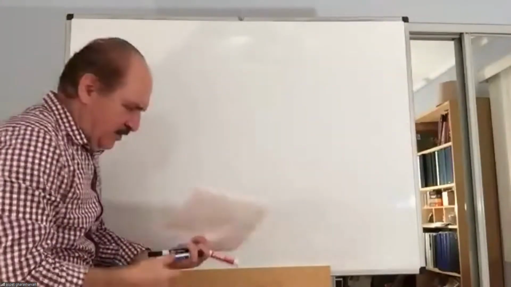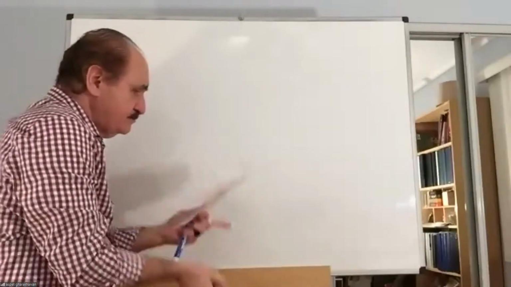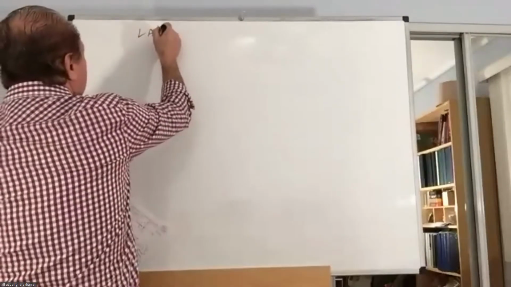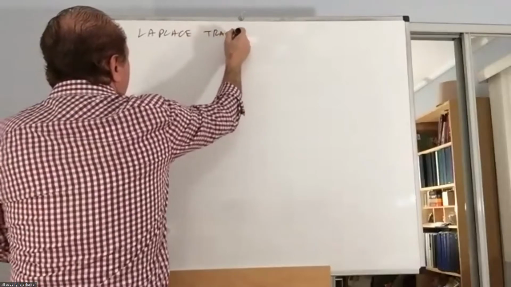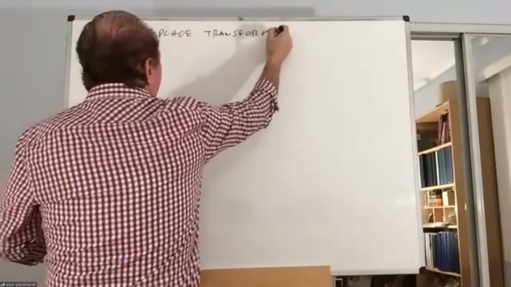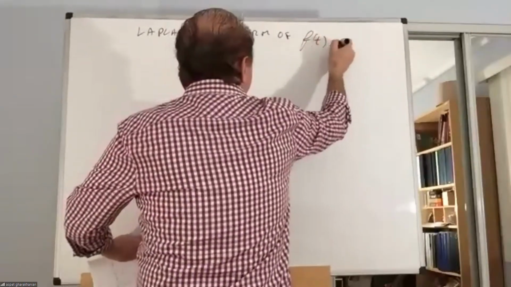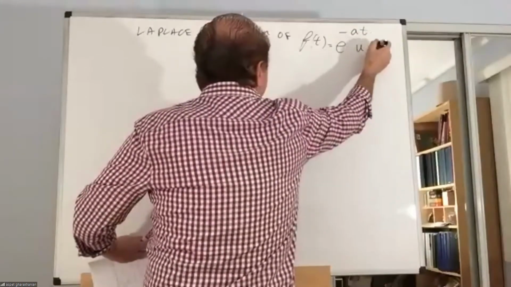Okay. So what we have here is the Laplace transform of f of t equal to e to the power minus at u(t).